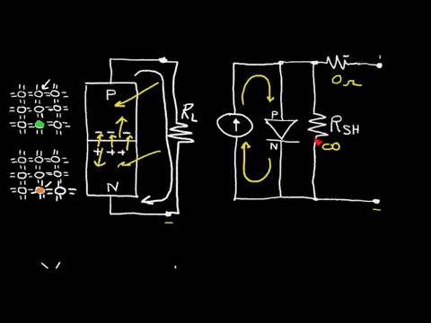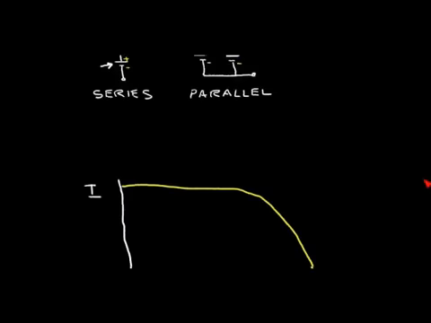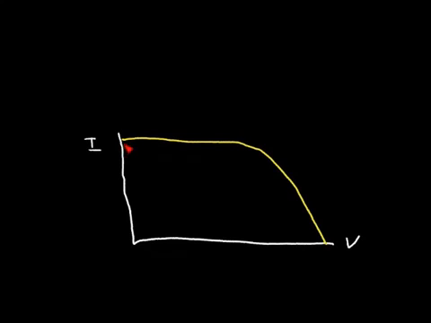As this shunt resistance becomes smaller, more current is diverted into the shunt resistance, and less power is available for our load resistor out here. So as the shunt resistance becomes smaller, this curve tends to shift this way.